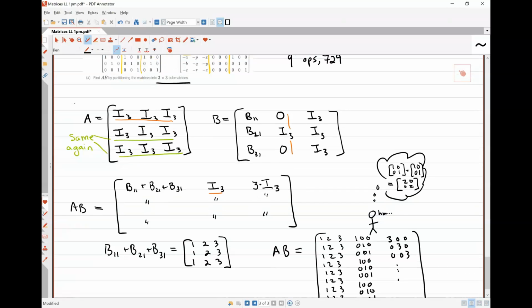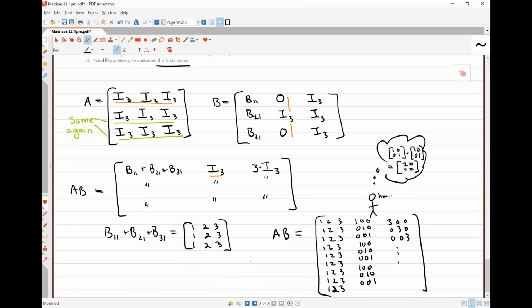So let's see, what did we have to do here? Well, we had to sort out this stuff. I mean, basically think about multiplying out a 3 by 3 matrix. So that's 27 operations, kind of. And then we had to do 3 additions.